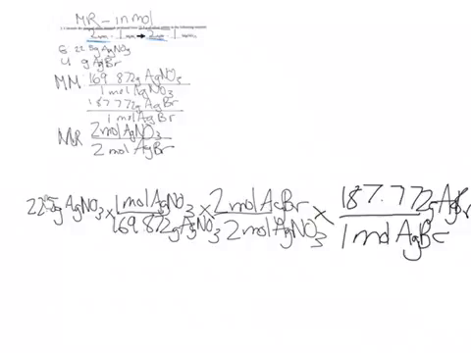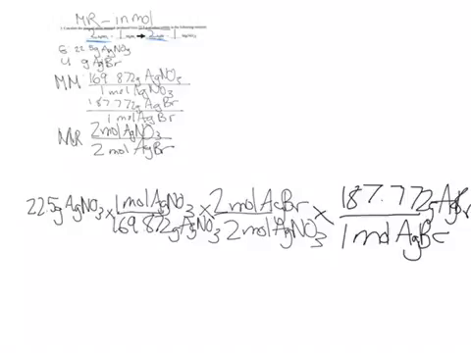You could multiply across the top, multiply what's on the bottom, then divide top and bottom, or you can do it step by step. So take 22.5, divide it by 169.872, multiply it by 2, divide it by 2, then multiply by 187.772. Make sure if you're doing it step by step to press enter every time in the calculator so the calculator does the correct order of operations.